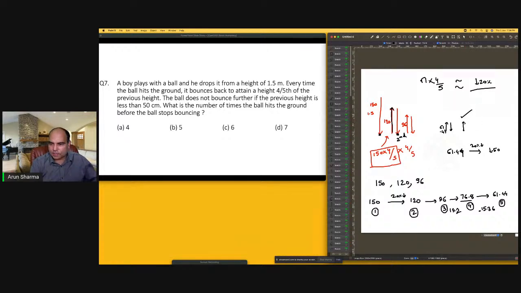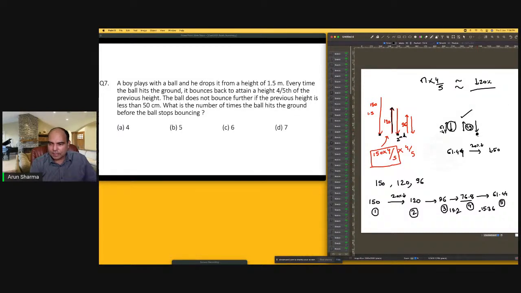The key here is to understand that it's not going to not happen, because this fall was 61.44 centimeters. The ball only stops if its previous height is less than 50 centimeters. So the jump back will be around 49, and then the drop from 49 will also happen.